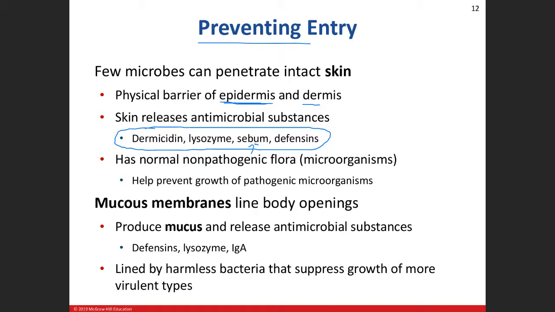Amongst other things, but that's mainly sebum, which is an antimicrobial agent, all right, that will kill bacteria and other microbes, all right, in addition to the dermacidin, the lysozyme, which is an enzyme there, and then defensins. Again, these are all antimicrobials. All right, so they help to keep the bacterial population on your skin in check.